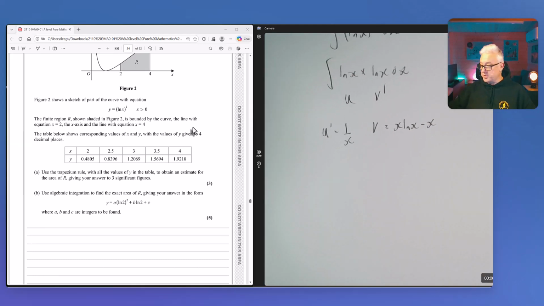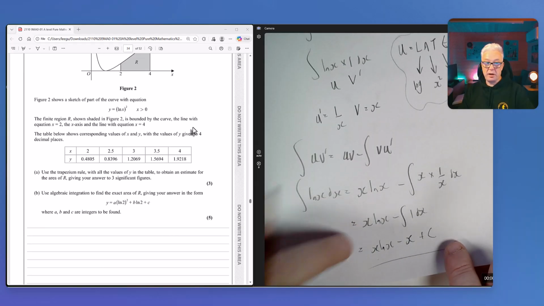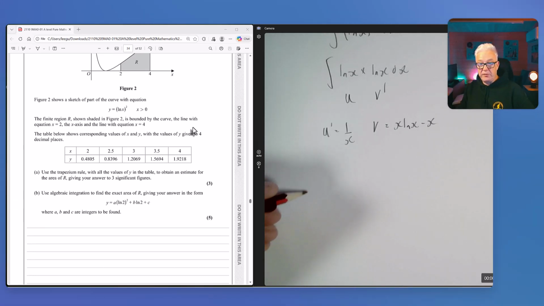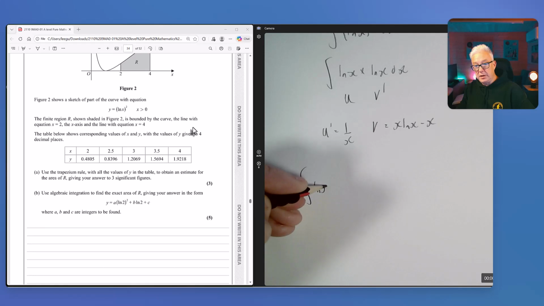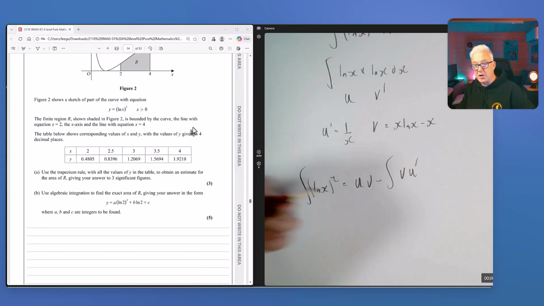Okay, if I was doing this, I would probably write the integral of ln(x) as a little side note, just so I can see that I've definitely got it. So we're going to sub in now to the formula. The integral of ln(x) all squared is going to be u times v minus the integral of vu'.